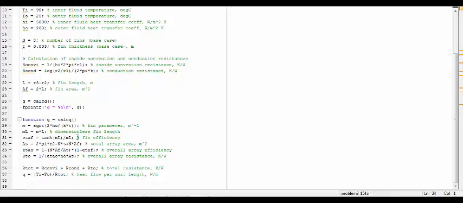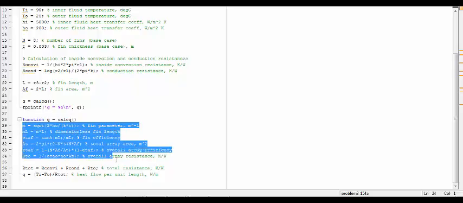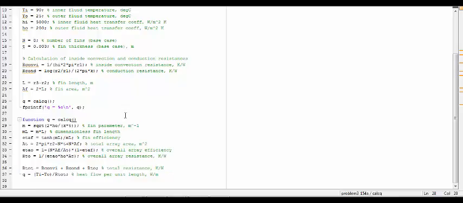So just to make sure that our functions are working appropriately, we're going to set this up in this manner. Now we have to look at all the variables inside here, and we have to use these as calls to the function. So if we look, we need an h_o, a k, a t, an L, an n, an A_f, r2, our convection inside, our conduction, Ti and To.